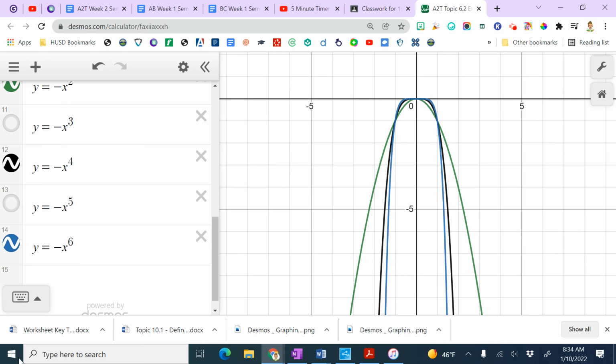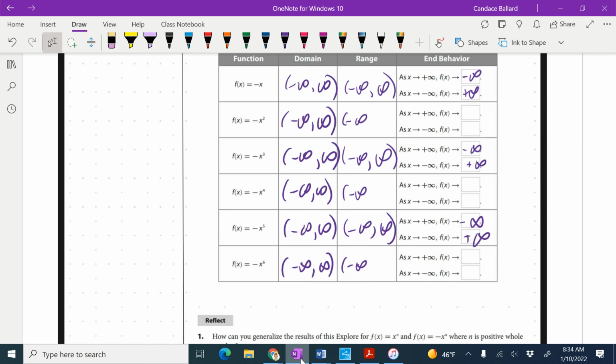It's 0. Good job. So it ended at 0 this time. That was the big difference, is when it went below the axis, it ended at 0. Did they both point up or both point down? They all pointed down, so they all went to negative infinity on the end behavior. But definitely a pattern with all the evens as well.